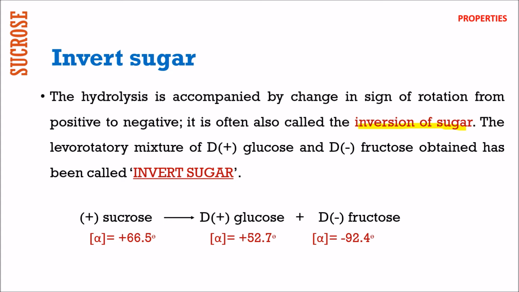The levorotatory mixture of D plus glucose and D minus fructose obtained has been called invert sugar, while sucrose has specific rotation of plus 66.5 degrees and D plus glucose has specific rotation of plus 52.7 degrees, while D minus fructose has a large negative specific rotation of minus 92.4 degrees, giving a net negative value for the whole specific rotation of the mixture.